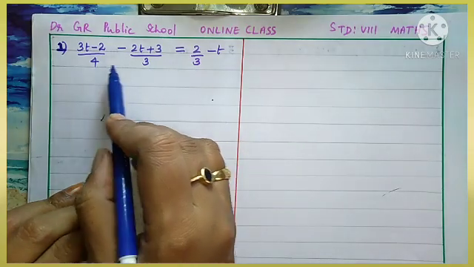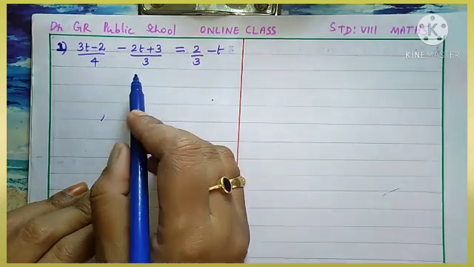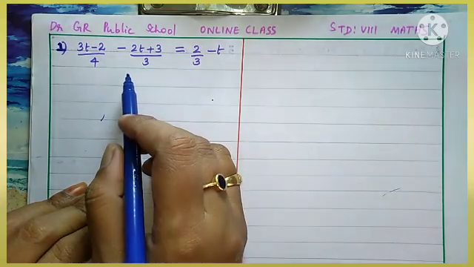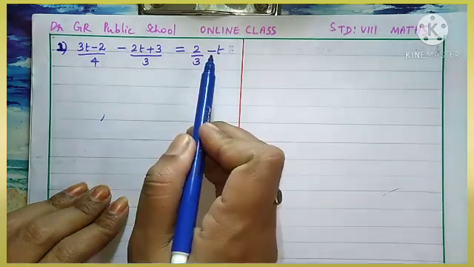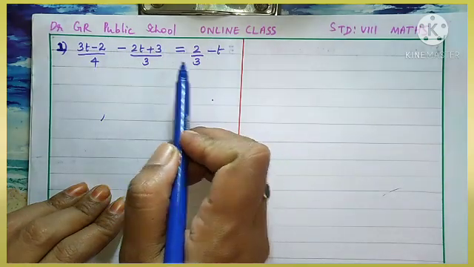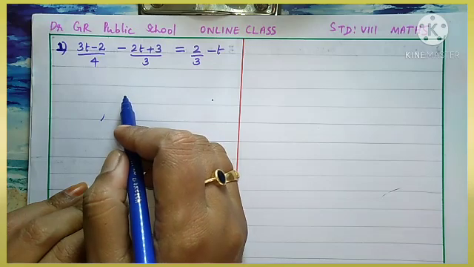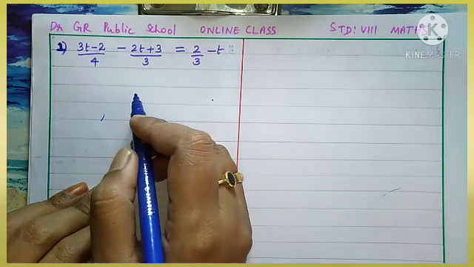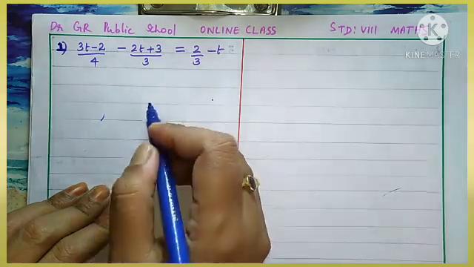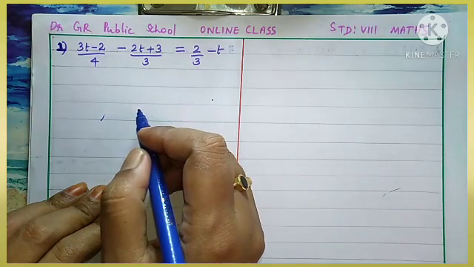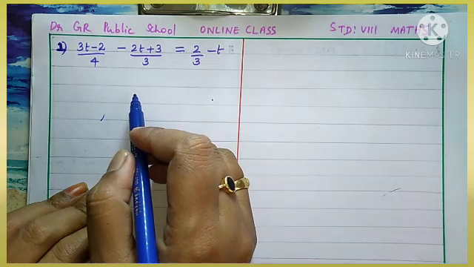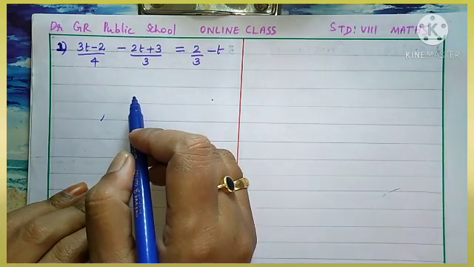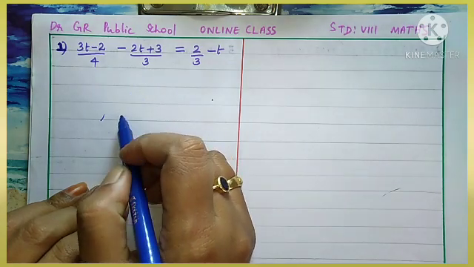Okay, so after finding the LCM, with that LCM we need to multiply the terms in both LHS and RHS. Understood? So that is the new method we are going to study. Usually we can solve equations by any method we applied earlier also, but this is also an easier method that you should know, so that you are studying now.